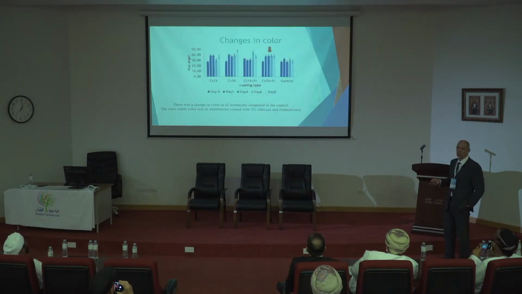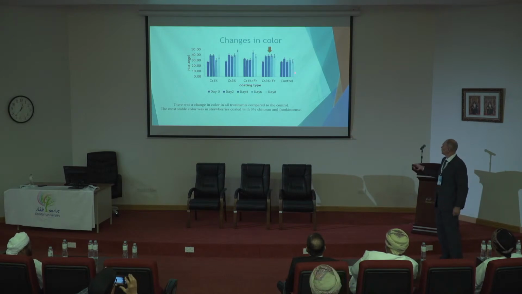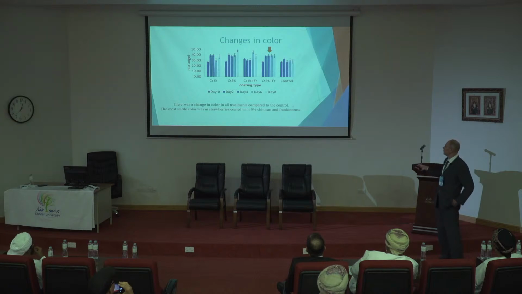First, changes in terms of color. The color of the control samples remains more or less the same. The different colors of the bars demonstrate the progression within time. You can see that almost all treatments have a higher color hue angle compared to control.